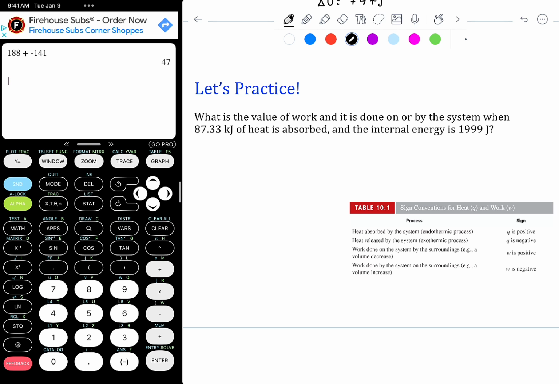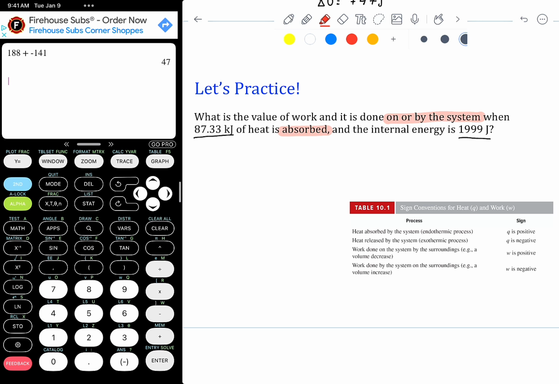Think of these two numbers, 87.33 kilojoules and 1,999 joules. Let's just highlight the language. Heat is absorbed. And you want to know, is work being done on or by the system?